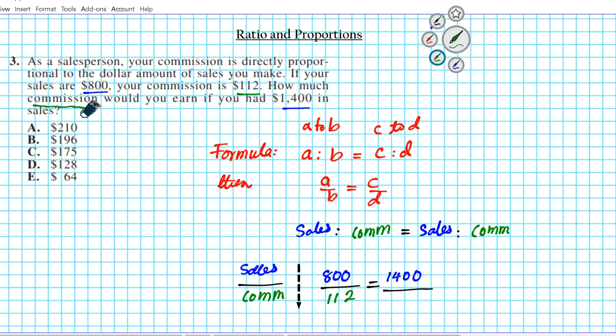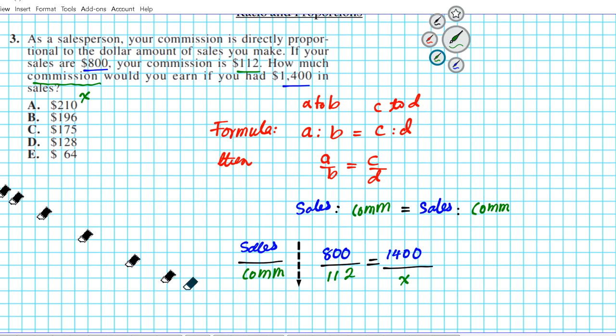So this one, let's call it x, okay? So over x. So there you see we have a proportion. We have a statement that two ratios or two fractions are the same, okay? So if we solve this resulting fraction for x, then we'll know what the commission is for $1,400 in sales.